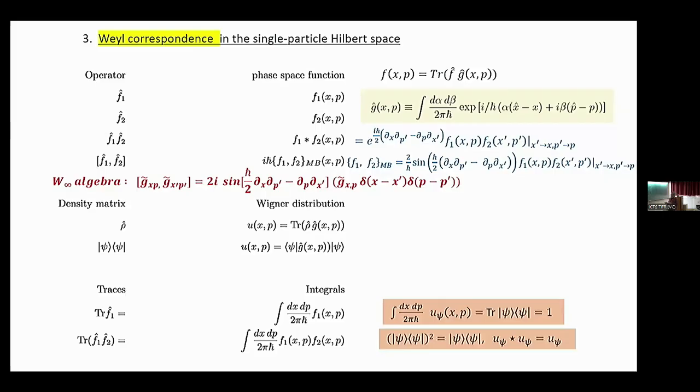It's given by this: given an operator, you take a trace of that operator with this, which is sometimes called the Heisenberg-Weyl operator or displacement operator, etc. So you take a trace of your single particle operator with this Heisenberg-Weyl operator, and the function that you get is the phase space function.